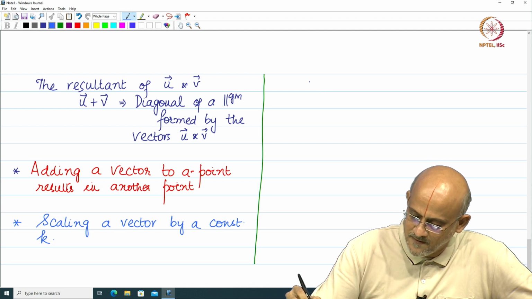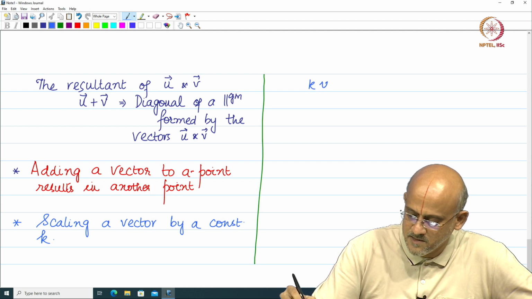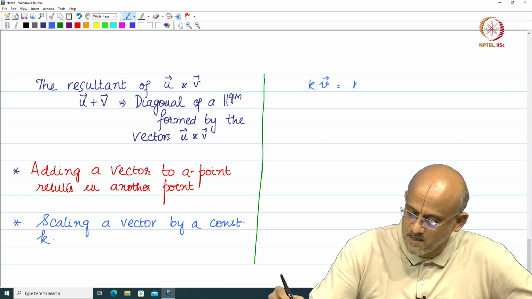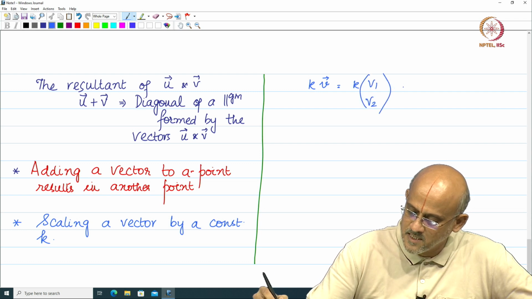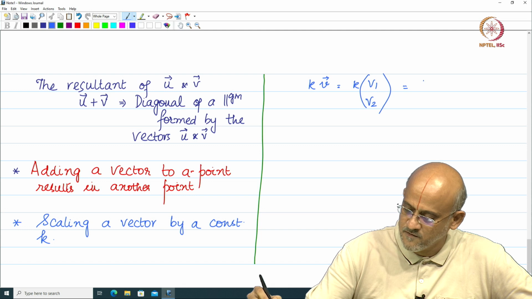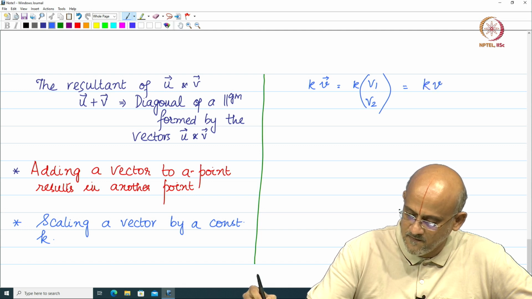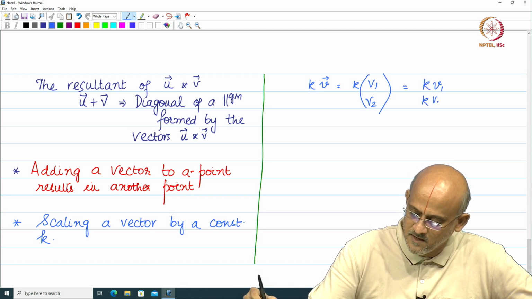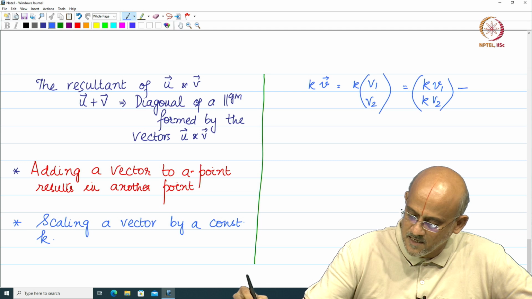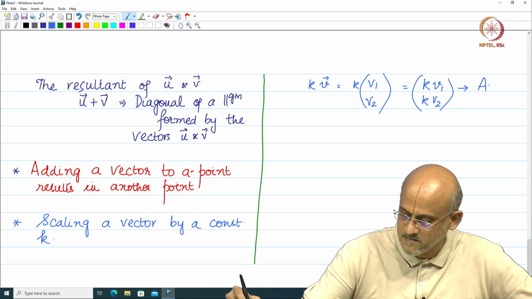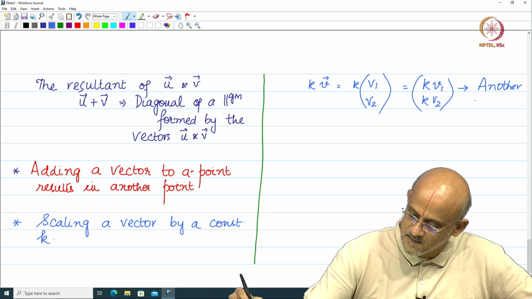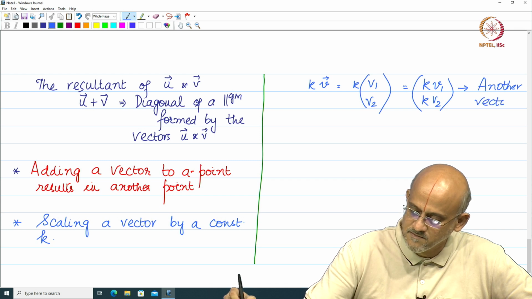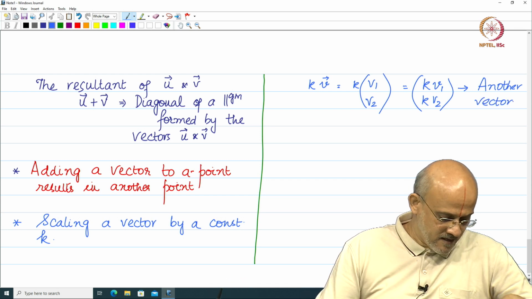I am going to multiply k times this vector v, which is k into v1 v2, and this k is going to multiply each of those components. So, I am going to get k v1, k v2, which is yet another vector. So, scaling a vector yields another vector, right.